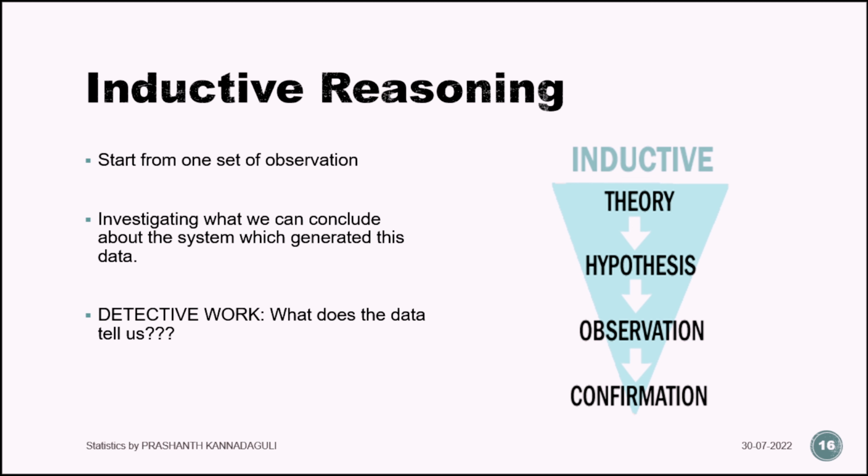There is another version of the reasoning, a way where I don't repeat my experiment. I do it only once. Let us say we start from one set of observations: I just talk to 500 people. That's the starting point. Once I finish that, I'm supposed to investigate and come to a conclusion.